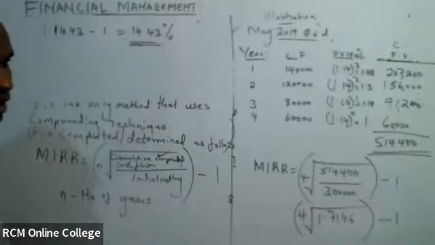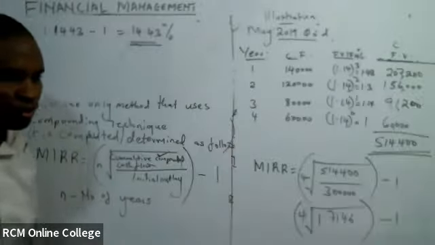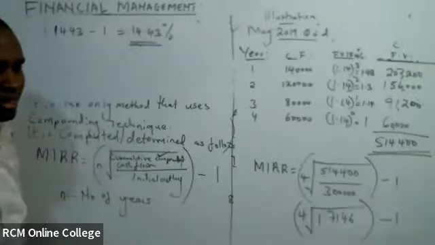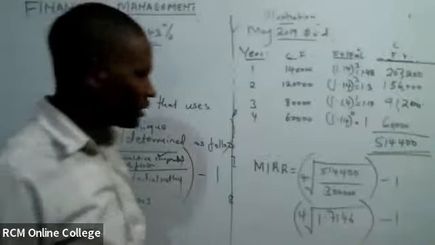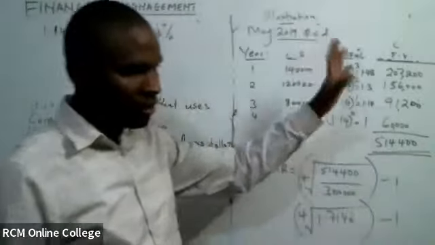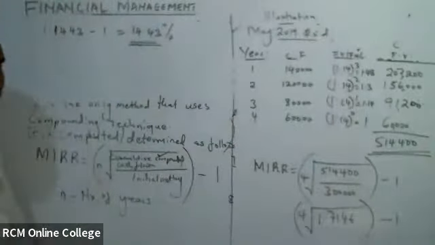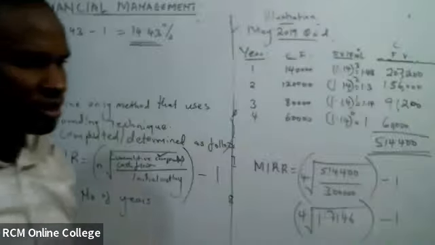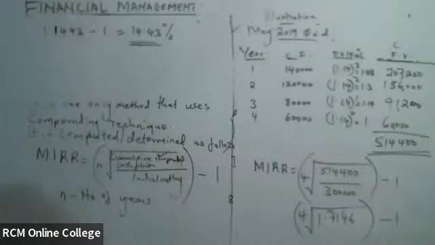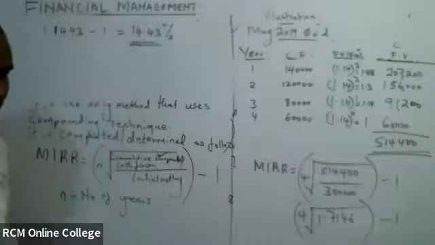My MIRR is that. So can you make sure that you are getting that? 7147, Grace gets 7147, okay, that is fine. Now get the fourth root of that.